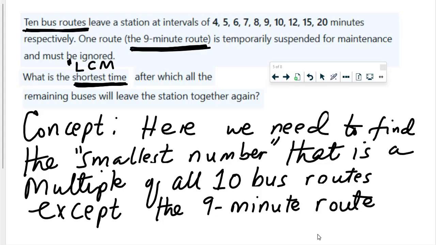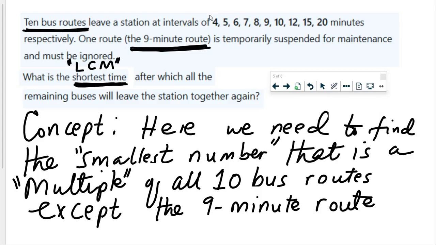Here we need to find the smallest number that is a multiple. And the smallest number that is a multiple, in other words, is what we call LOCM, lowest common multiple. So we are going to find the LOCM of all these numbers except 9.